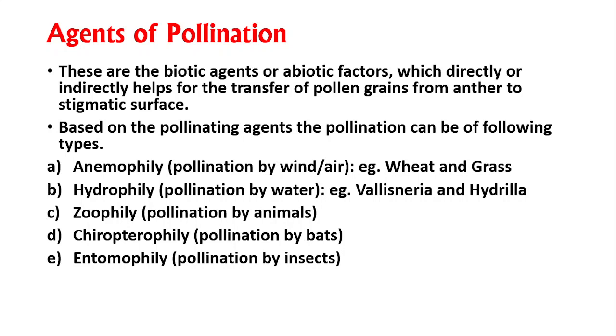The flowers which are pollinated by insects have special characters such as brightly colored flowers, second, sticky anthers or sticky pollen grains, and third, a high nectar producing stigmatic surface.